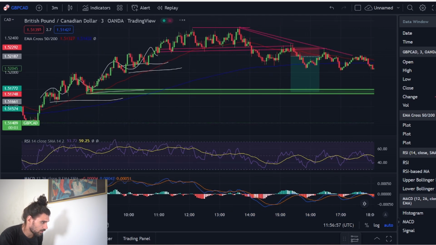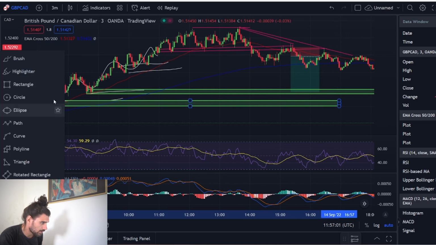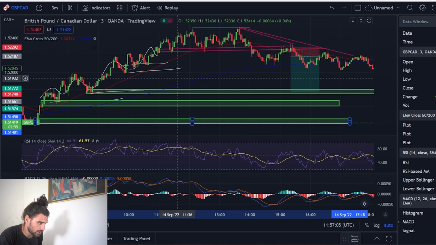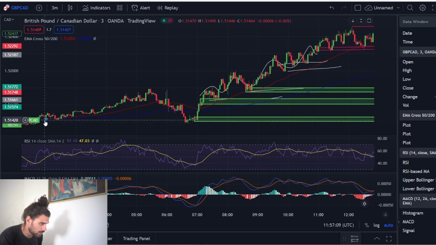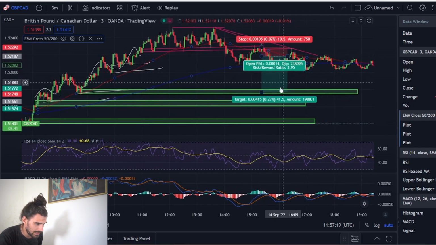Then the next one around here, and the last one probably around here, since this here was around the cross of the 200 EMA. So this would be my last exit until I see the market breaks this area and completely drop to the downside. But for now, these are my targets.